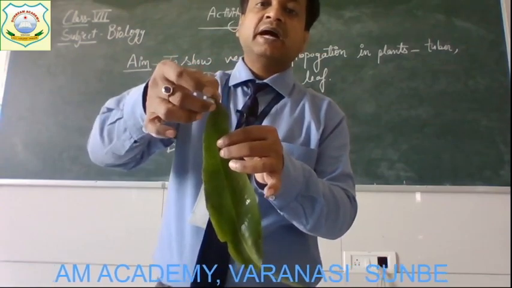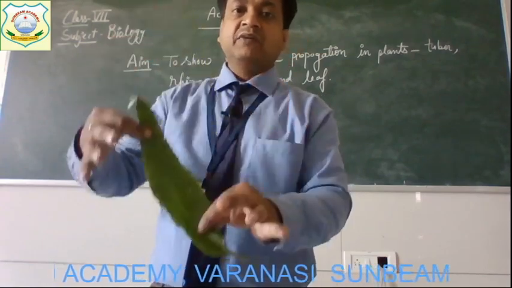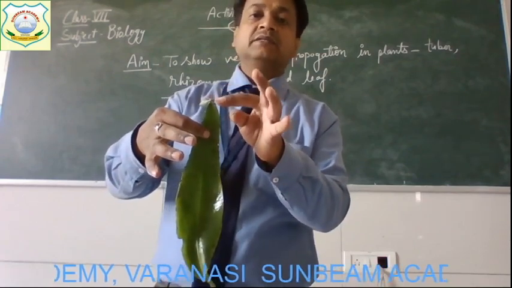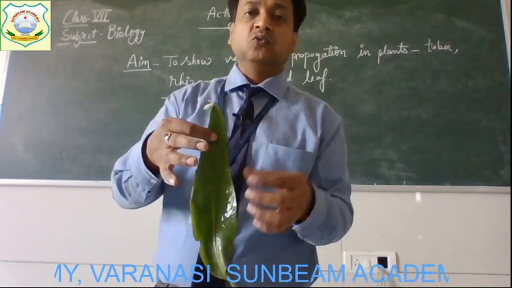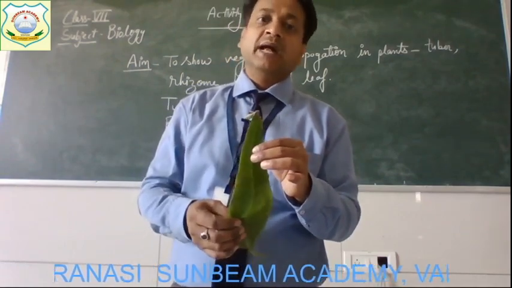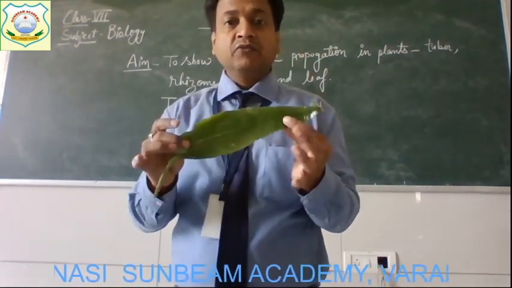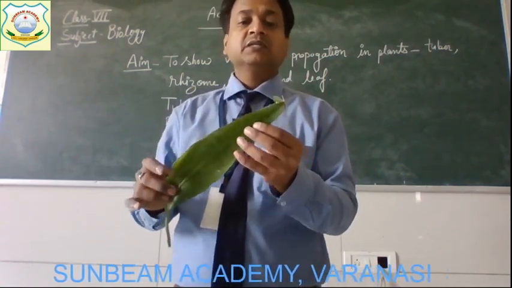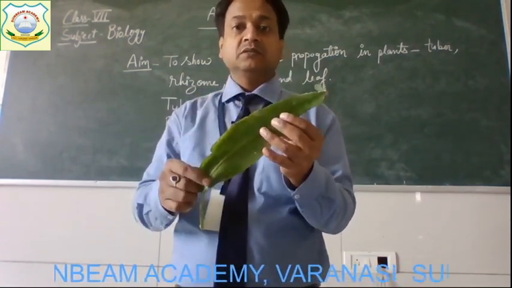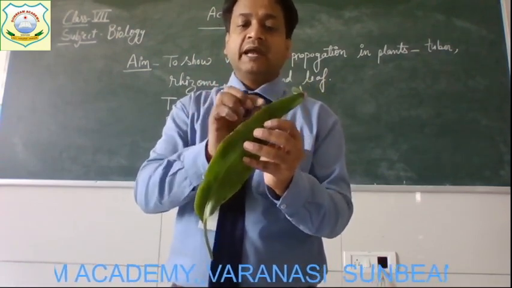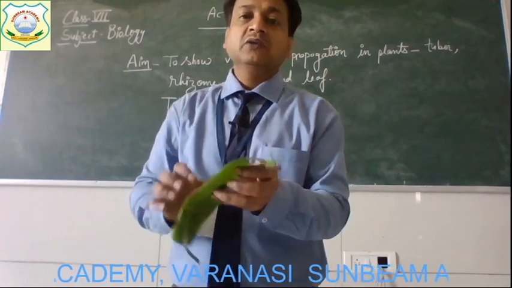When this leaf falls on the soil, these new baby plants grow. The margins of the leaf have small buds, and these buds produce the new plant.